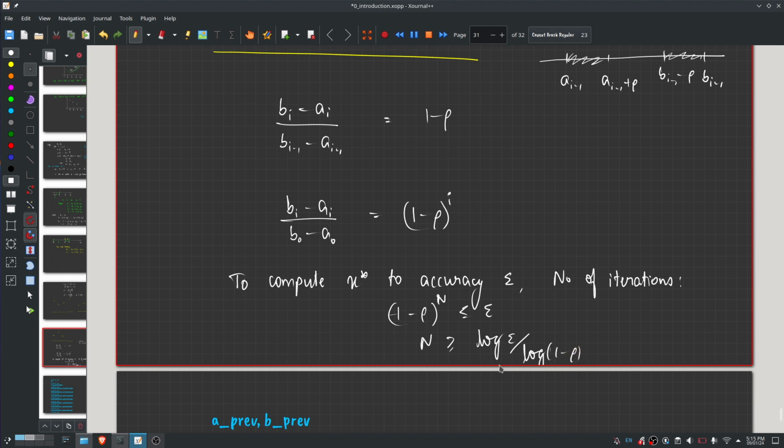So log epsilon divided by log (1 minus rho). Correct? Or where I like it better is log (1 over epsilon) divided by log (1 over (1 minus rho)), just so that both the numerator and the denominator are positive quantities.